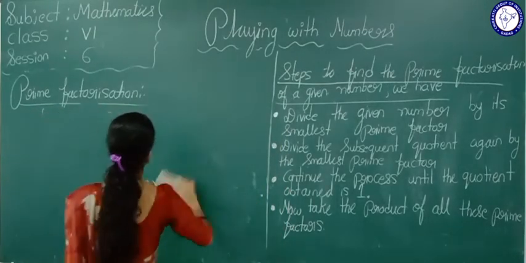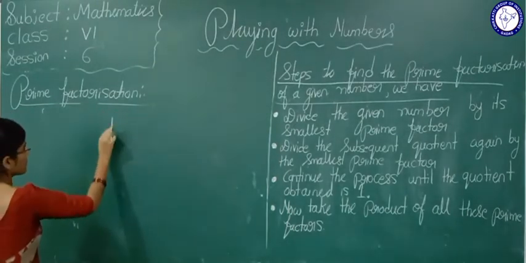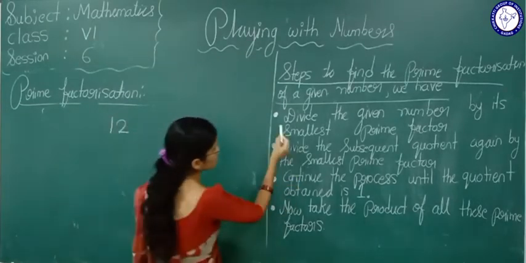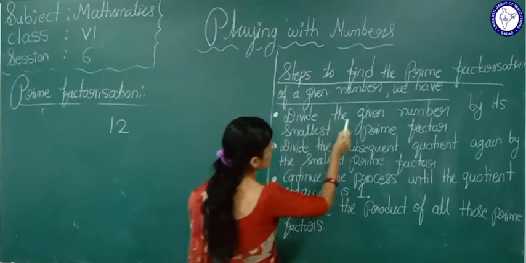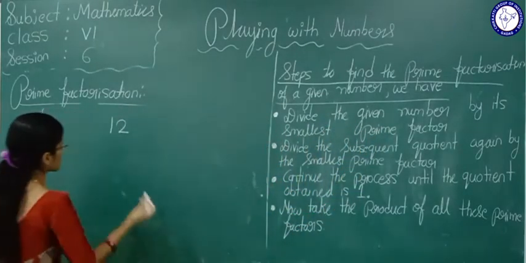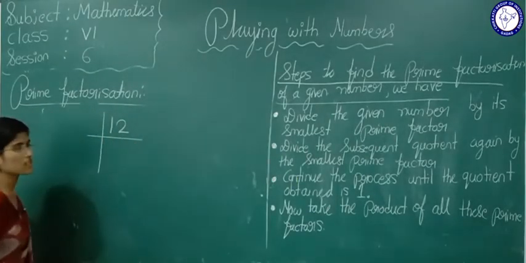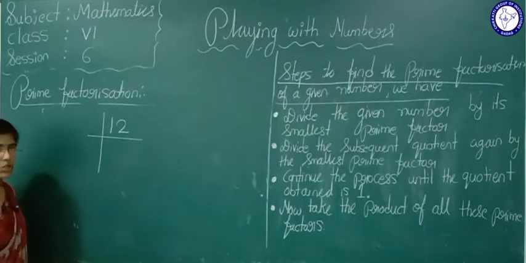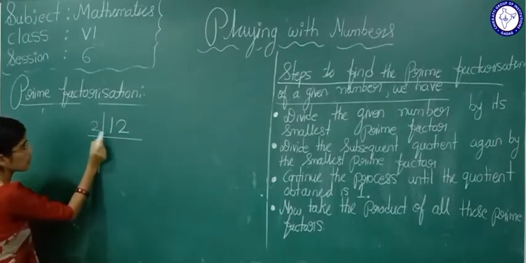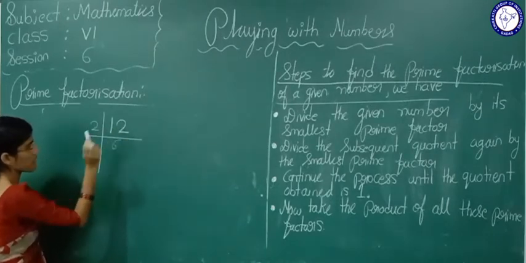Now see. We will think here the given number is 12. What do they do? Step number 1: divide the given number by its smallest prime factor. Now see student, this 12 is divisible by 2. Now see, 2 is the smallest prime factor. 2 6s are 12.